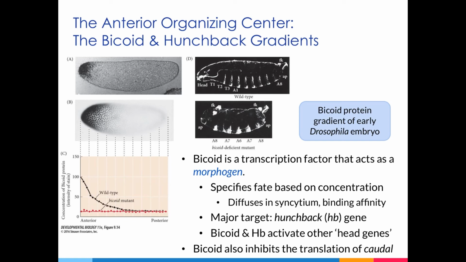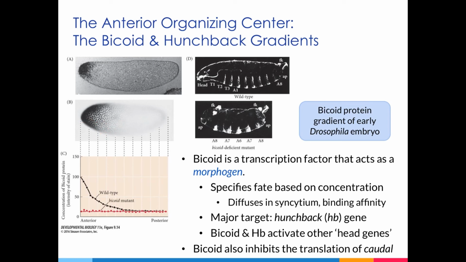Bicoid will activate the genes that form different anterior structures. But why does bicoid not activate the genes needed to form the head in the thorax? Well, since bicoid is a morphogen, it activates different genes based on its concentration.